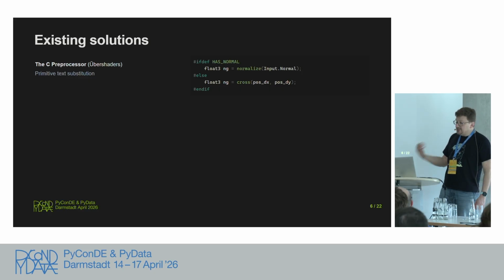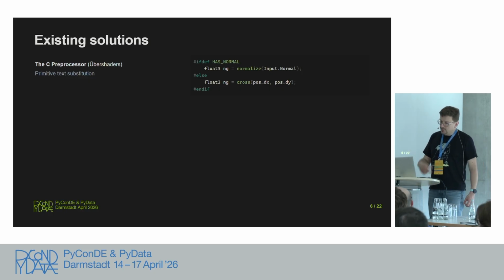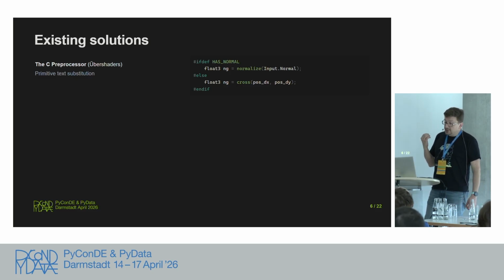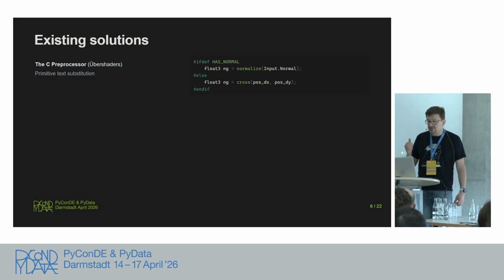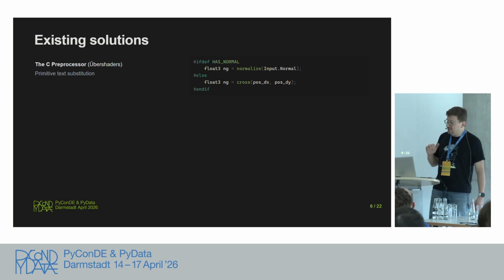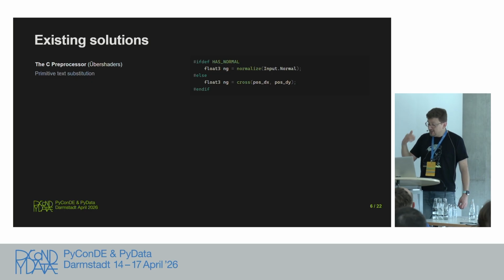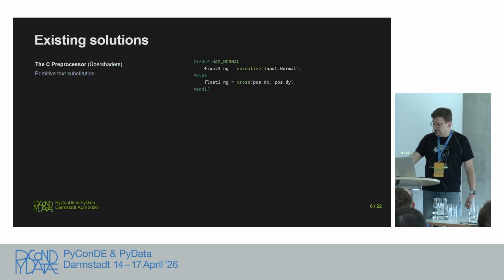So what are the existing solutions to those pain points? First of all, the C preprocessor, and if you're familiar with C, I guess you would agree that this is kind of an evil, sometimes a necessary evil, but in the shader programming world, it's even more pervasive than in CPU programming, exactly because we need to generate those permutations.